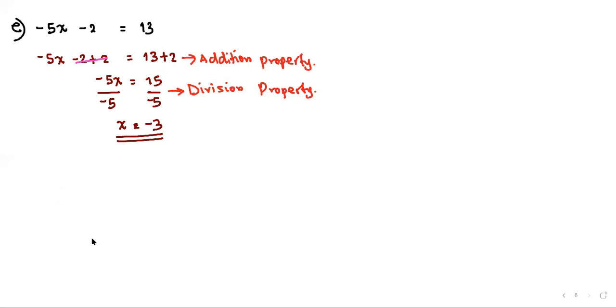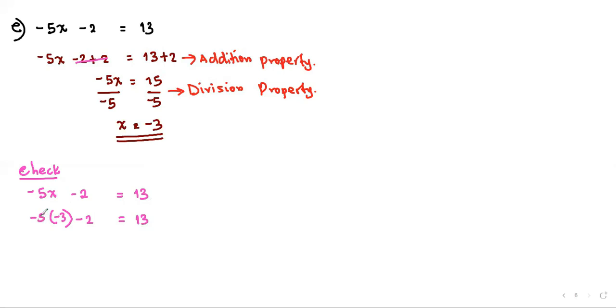So let's check it together and see. Let's check. Negative 5x minus 2 is equal to 13. So we get negative 5 times x, which is negative 3, minus 2. We get 13 on the right-hand side.